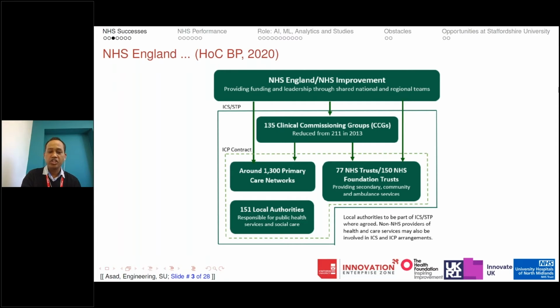So if you see at the very bottom, we have 151 local authorities who provide public health services like now the immunization. For COVID, they provide social care for the elderly people. We have primary care networks who provide GP care. We have 77 NHS trusts, including or 150 NHS Foundation Trust.